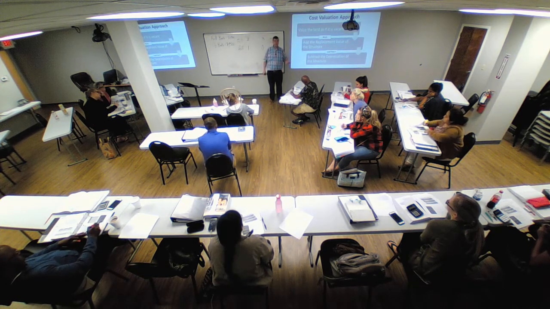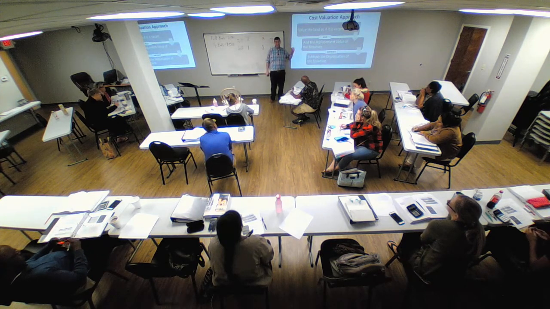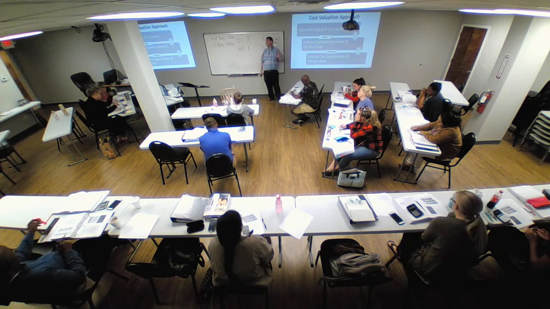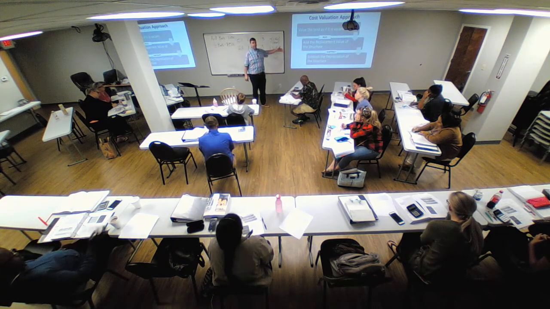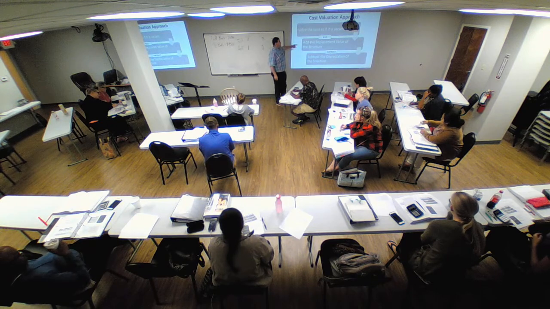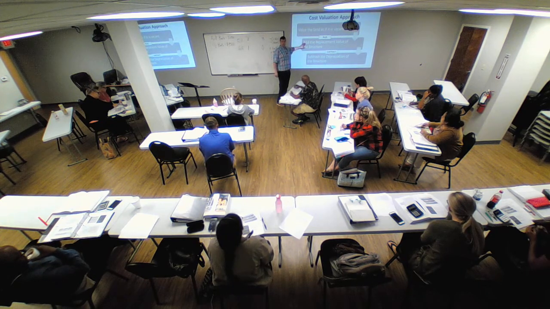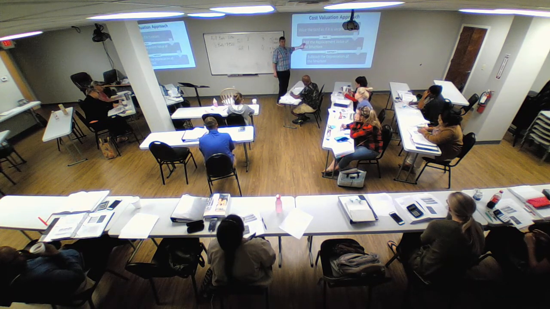You're going to depreciate the building's value, just the building, not the land. So don't add them together and then do the depreciation. The depreciation is just of the replacement value. Does that make sense for everybody? Okay? Don't depreciate the land.